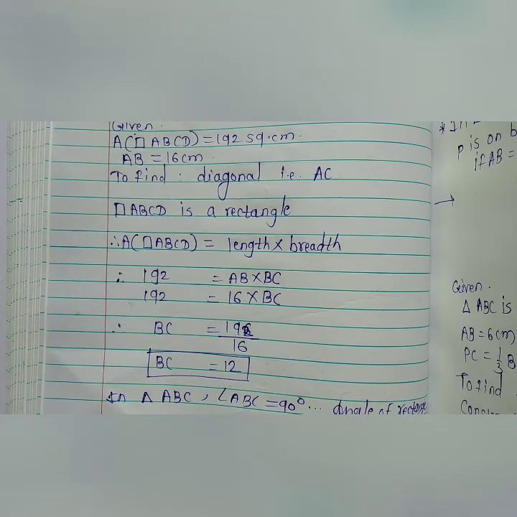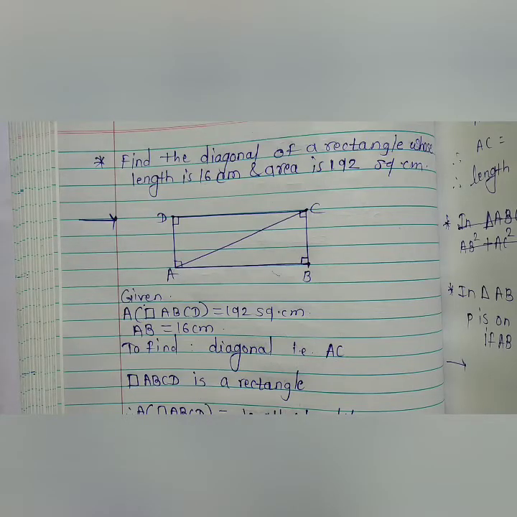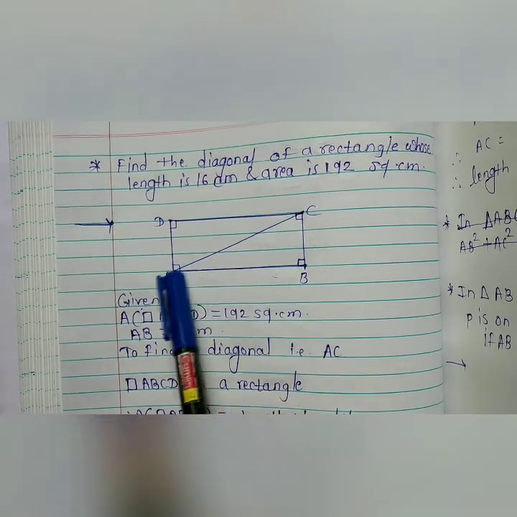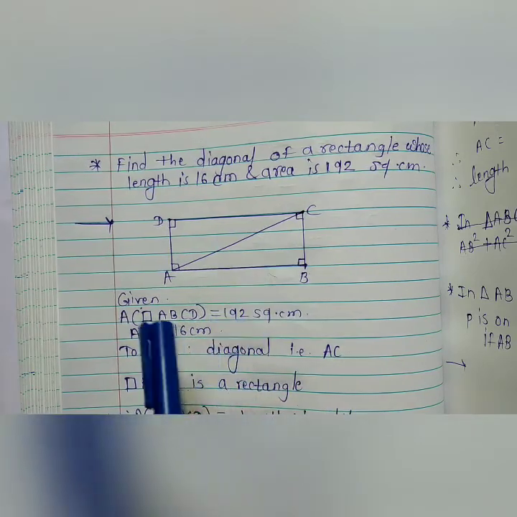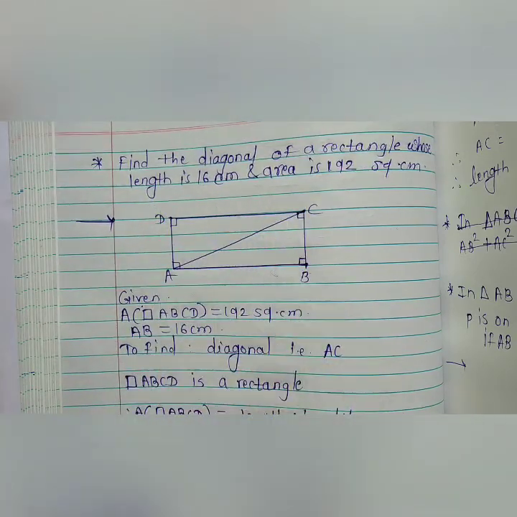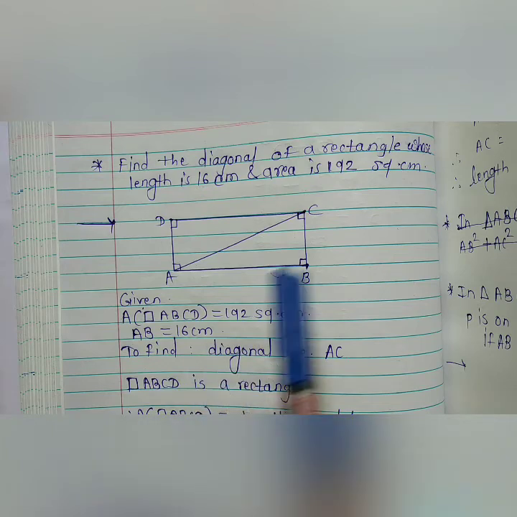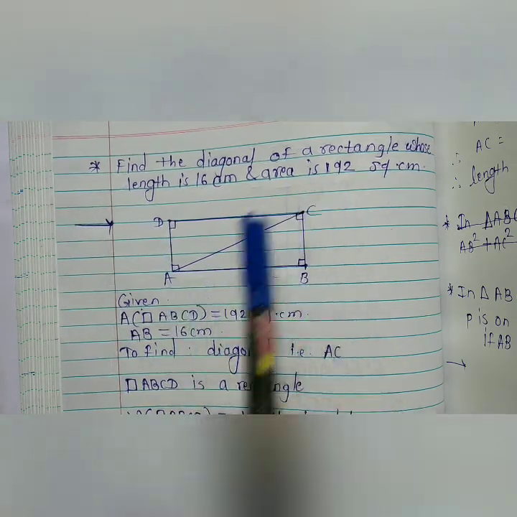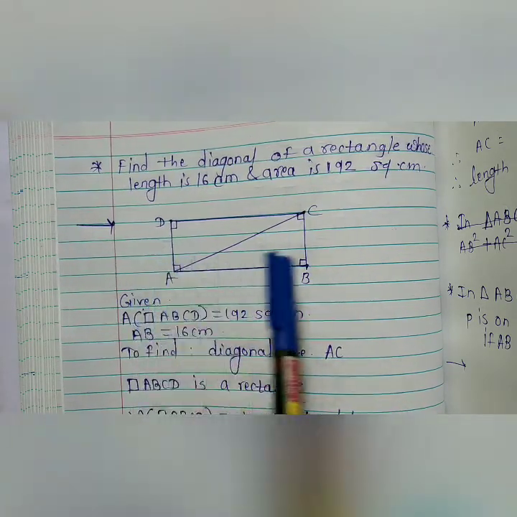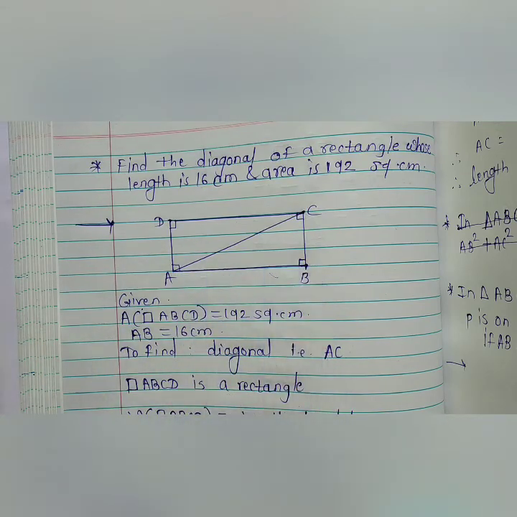Again, to find the length of the diagonal: by drawing the diagonal, you get two triangles. The first triangle is triangle ADC and the second triangle is ABC, and we know that every angle of a rectangle measures 90 degrees. Therefore, to apply the Pythagoras theorem in triangle ABC, the measure of angle B is 90 degrees.